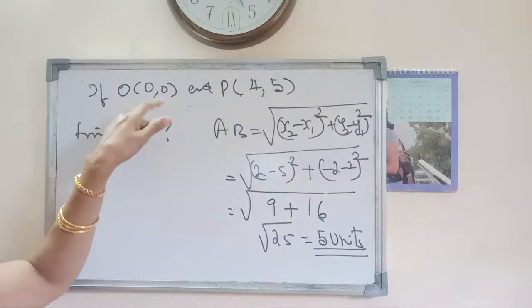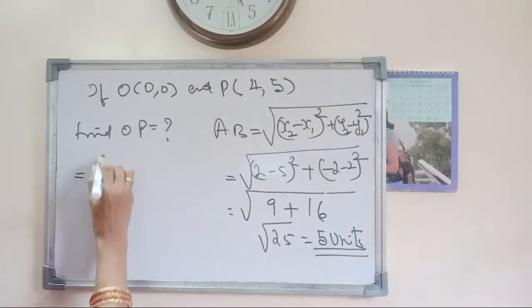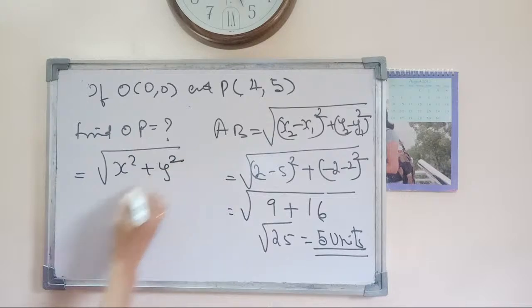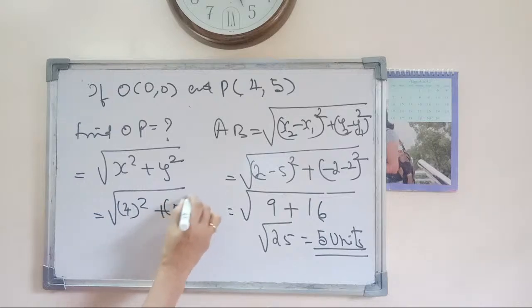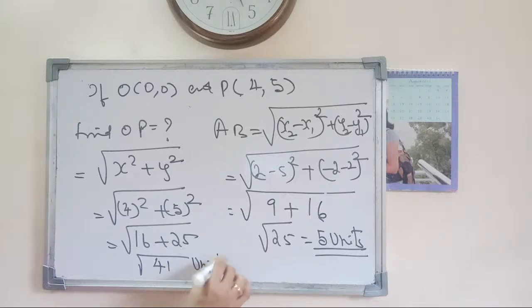When one of the points is at the origin, we have an alternate usage of the distance formula, that is root of x square plus y square. That is root of 4 square plus 5 square, equals root of 16 plus 25. It is root of 41 units.